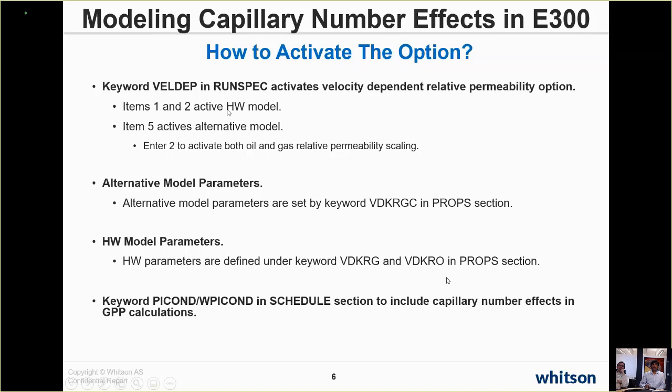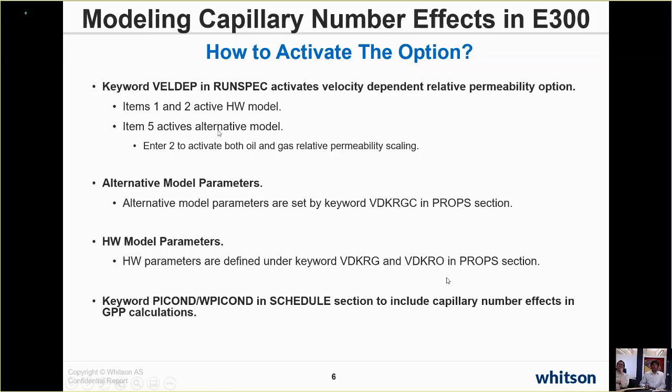There are two models for capillary number effects. One is the Heriot-Watt, and the second is the Whitson-Fevang. In Eclipse 300, they also call it the alternative model. In WELDEBT, items number 1 and 2 activate the Heriot-Watt model.